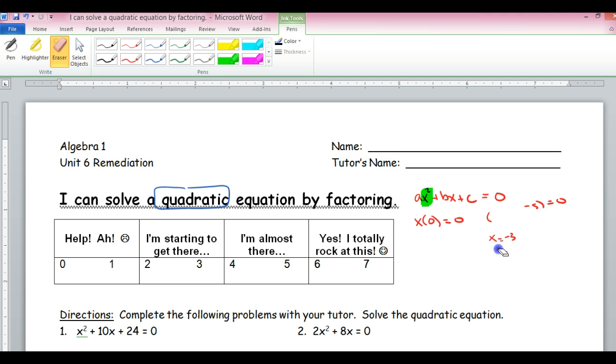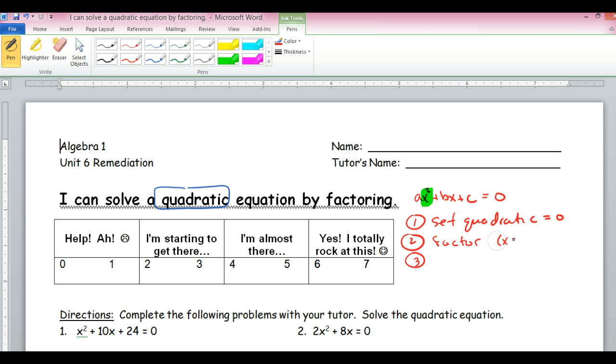So how do we solve these quadratic equations by factoring? Well, it's basically a 3-step process. The first one is to set the quadratic equal to 0. Once we set the quadratic equal to 0, we factor the quadratic.